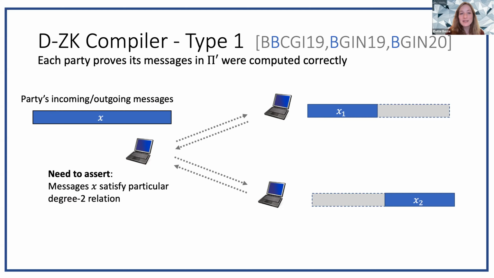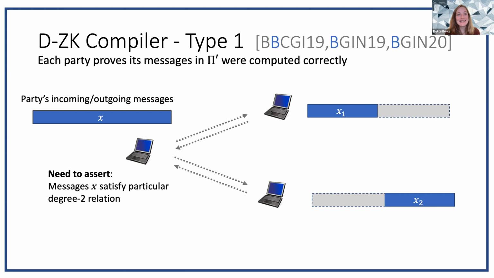Okay, so what do we need to check? Well, now it's opening up and seeing what he was supposed to do in this first protocol pi prime. And when you look at natural protocols, what this boils down to is that in each step of the protocol, it gets some messages in and is supposed to perform some degree 2 computation and send corresponding messages out.